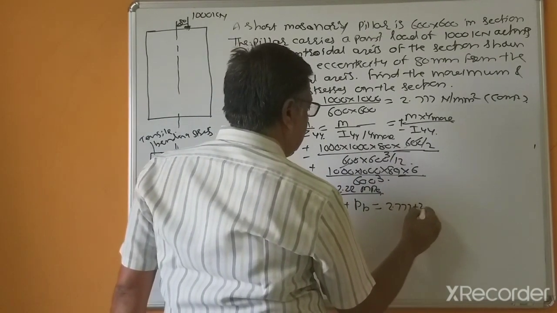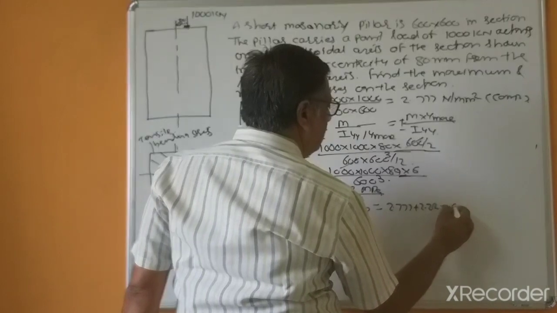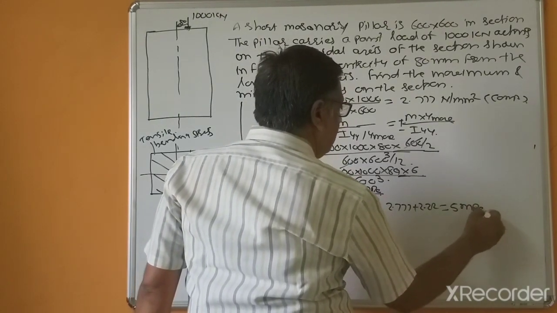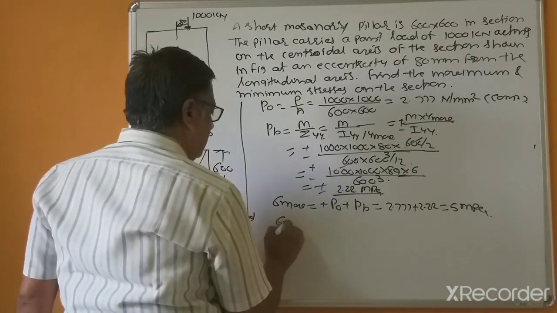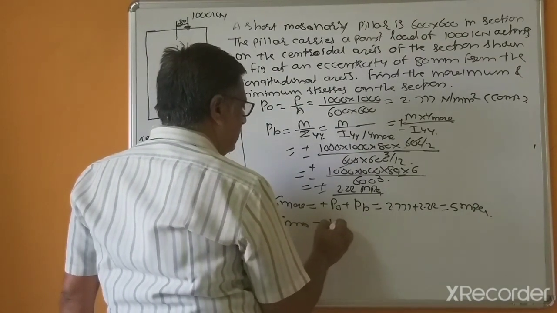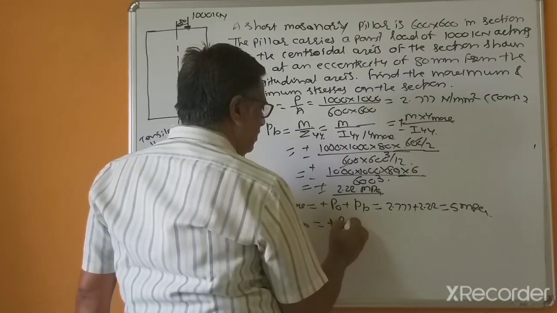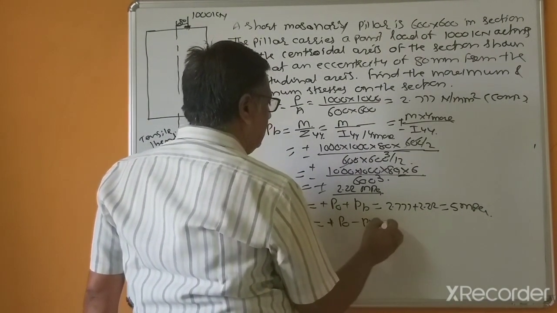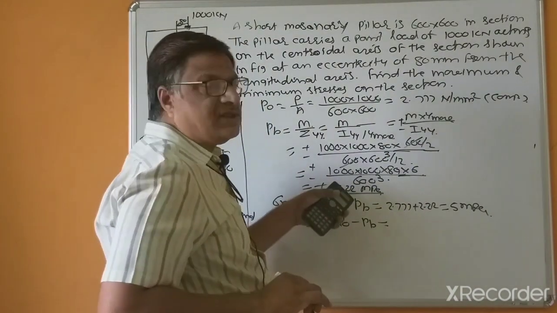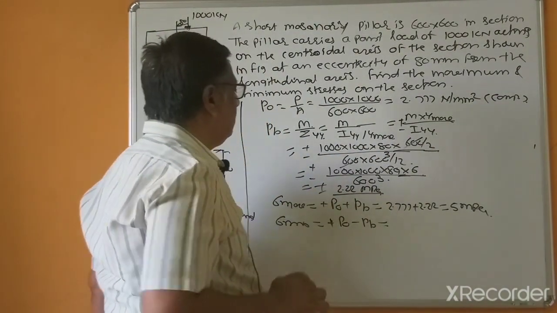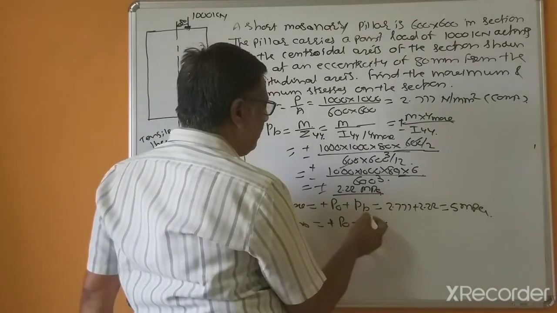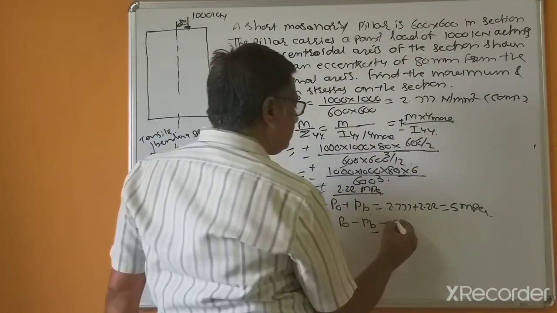Now sigma max equal to P0 plus Pb, and this is equal to 2.77 plus 2.22, this is equal to suppose 5 megapascal, and minimum equal to P0 minus Pb, because this bending stress, compressive bending stress and tensile bending stress, so that's why plus minus.